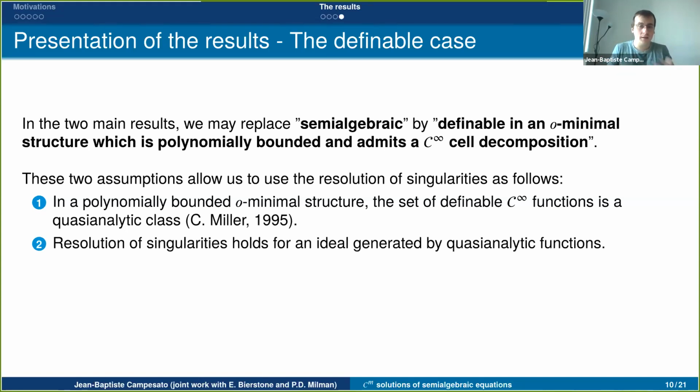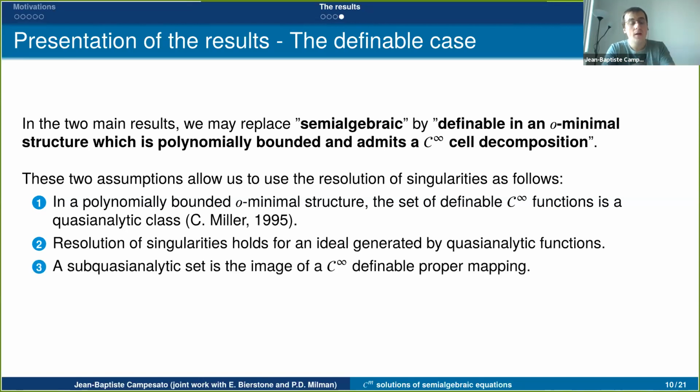And that's interesting because resolution of singularities holds for quasi-analytic functions. So when we have an ideal spanned by infinitely many quasi-analytic functions, then we can apply resolution of singularities. And particularly, we can prove the uniformization theorem in a way similar to the subanalytic case, but for the sub-quasi-analytic case.